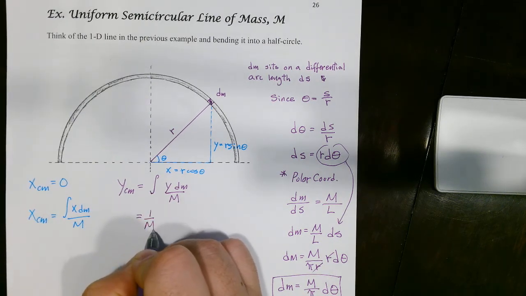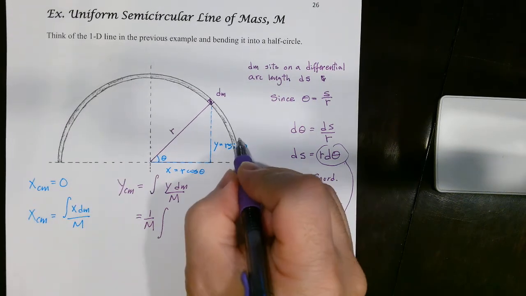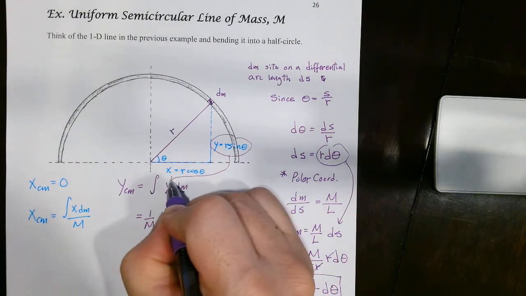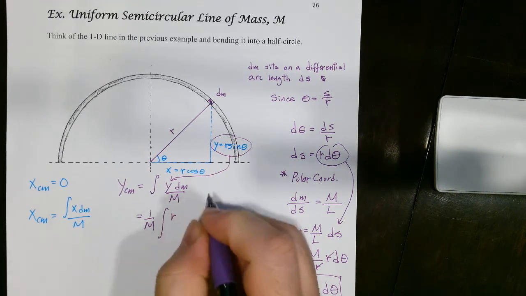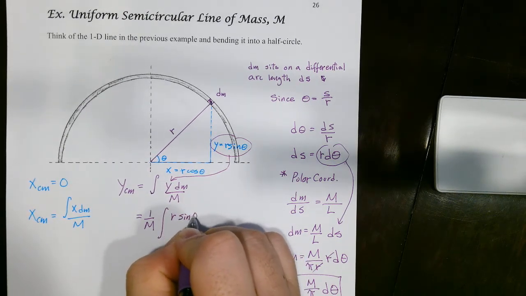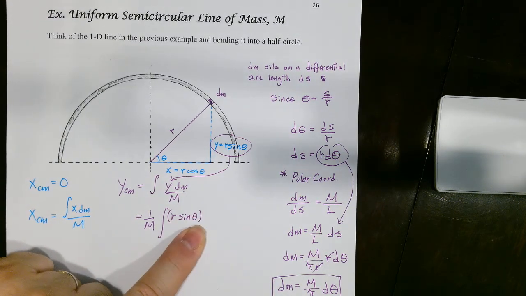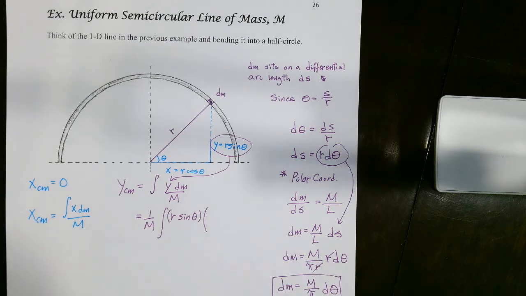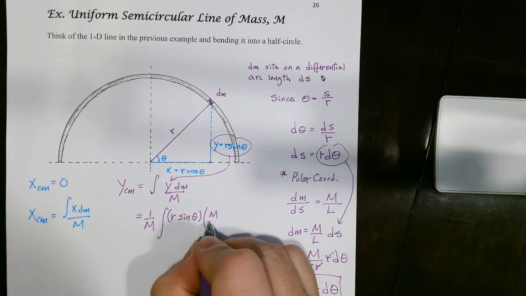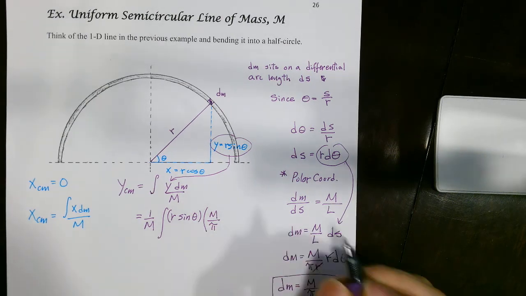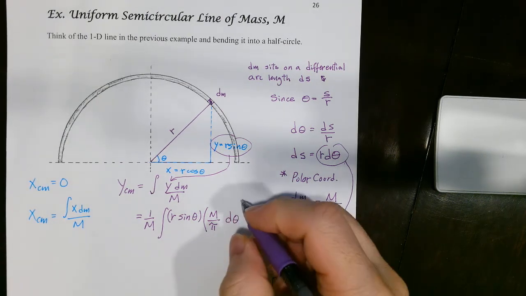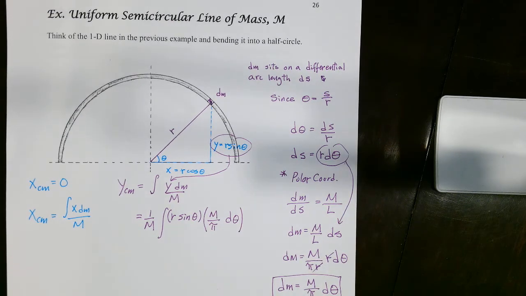So here, when we replace this dm, I'm going to factor this m out. So 1 over m integral of, we know y is r sine theta, so we substitute that in there, r sine theta times dm, which is m over pi d theta. We know the radius is going to stay constant, the mass is going to stay constant, pi is constant.